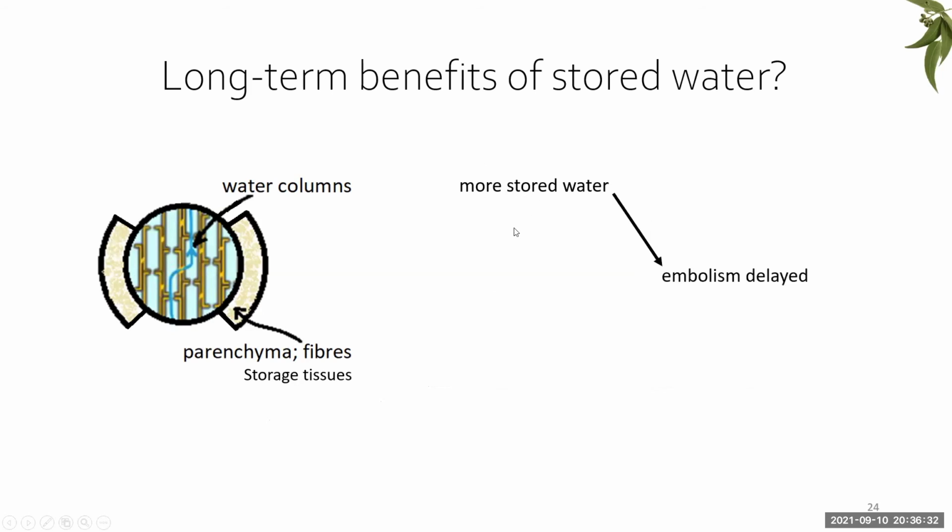And we already saw that these stored reserves help in delaying the embolism effect, or the air bubble blockage. And if plants are able to delay this air blockage, they can photosynthesize longer into the dry period. Even when the conditions are harsh, they can sort of maintain their normal levels of photosynthesis.